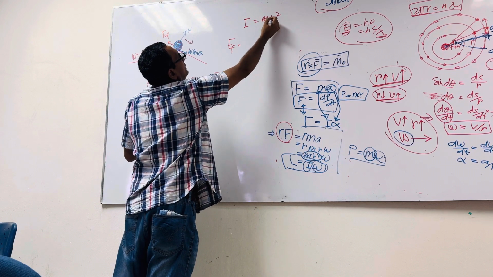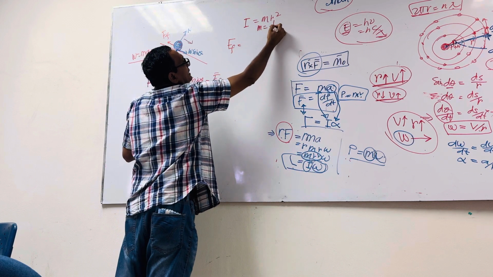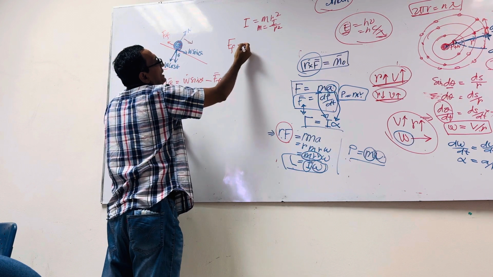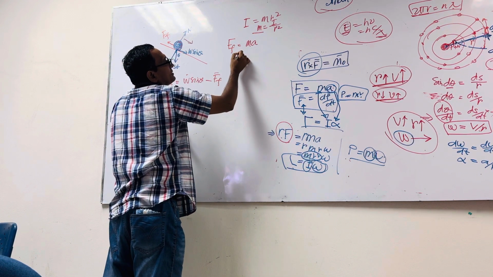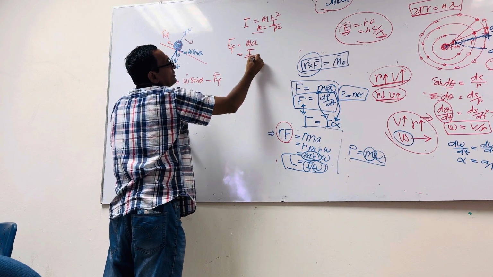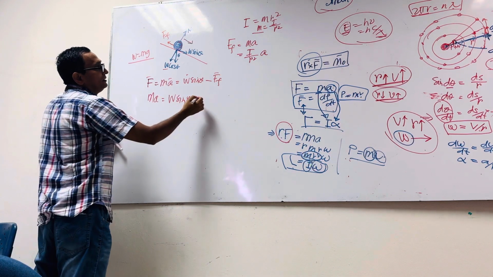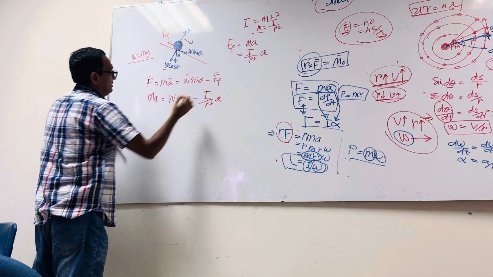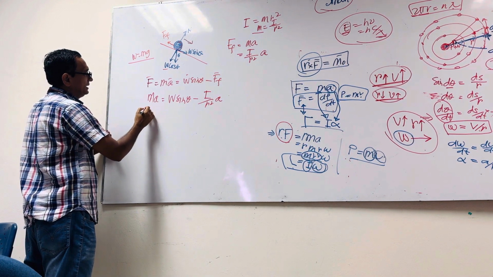So then m is equal to I by r square. If we write that F is equal to ma, and that m is nothing but the frictional effect with the moment of inertia, that is I by r square a, then we can write this as I by r square a.